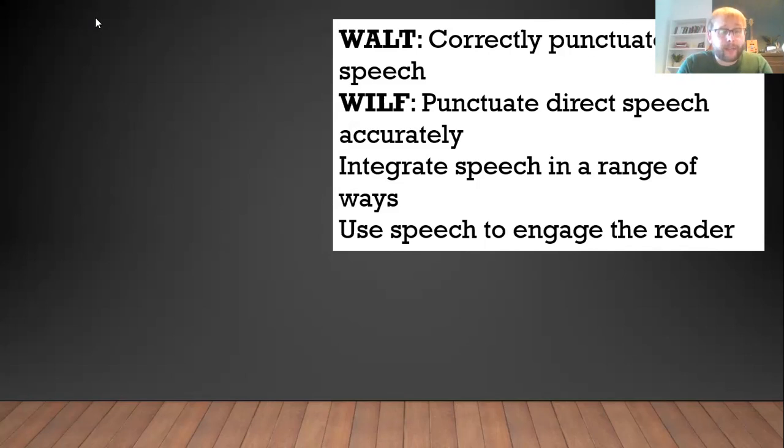So integrating it in as many different ways to keep it as fresh and as interesting as possible, and not just falling into the trap of having a big long page full of speech with no real narration. You must have that narration in the narrative, otherwise it just becomes a little bit tedious. And using speech to engage the reader, well, that's making sure that you're not making it boring, that it is engaging and exciting and entertaining for the reader.